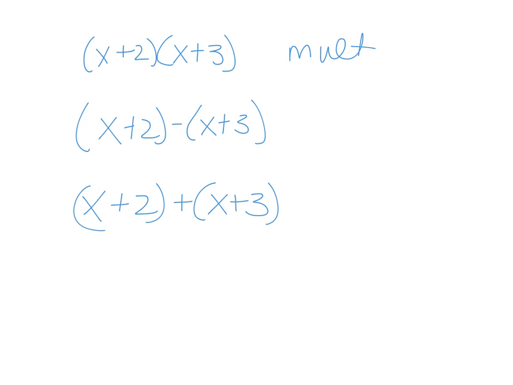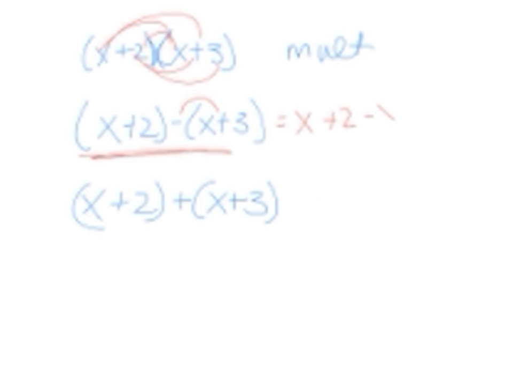So you've got to look really carefully to see that in this first problem, there's nothing in between the parentheses, which means I'm multiplying, which means I'm going to FOIL. But in the second problem, this would be what we did back a section or two, where we would take x plus 2 and we'd have to distribute the negative, minus x minus 3.